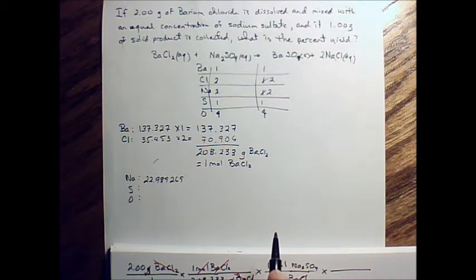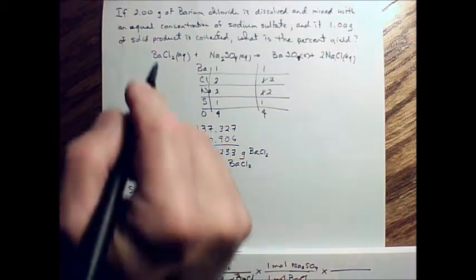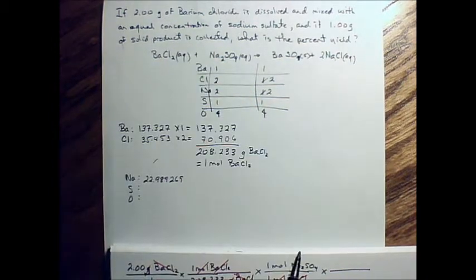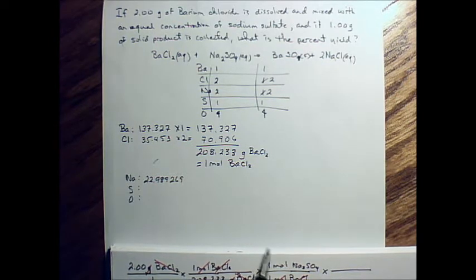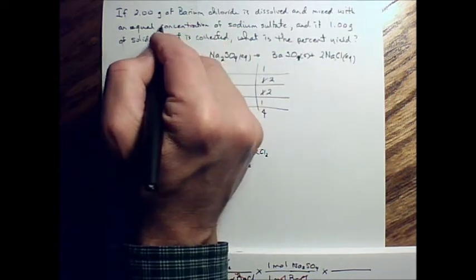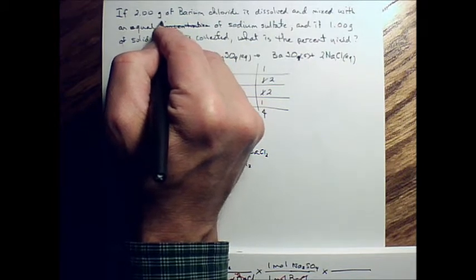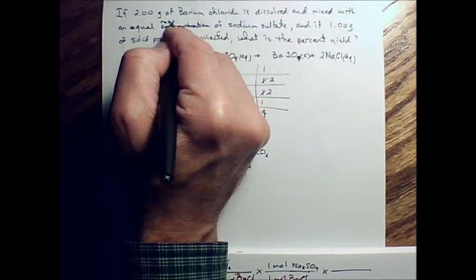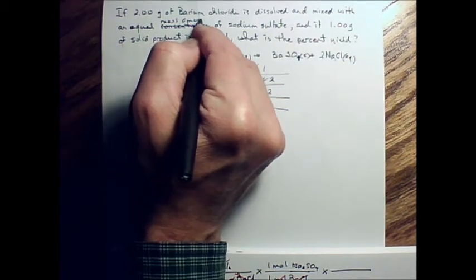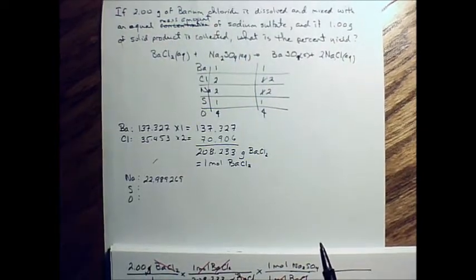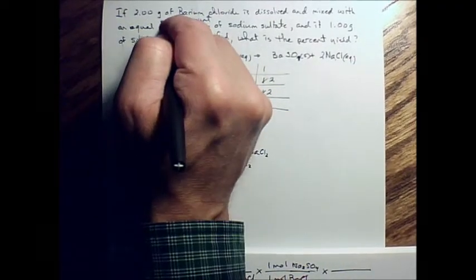In this case, I meant percent concentration, in which case the mass would be the same for both, 2 grams. But I should have been more specific. You're absolutely right. So instead of an equal concentration, let's say an equal mass amount. How about that? Let's try that now. That's a good analysis.